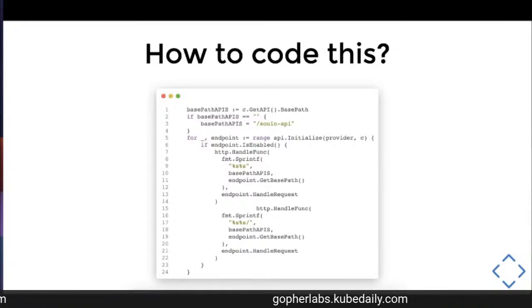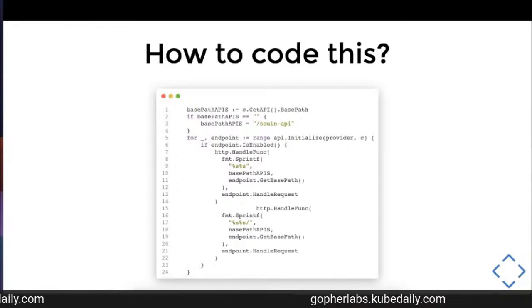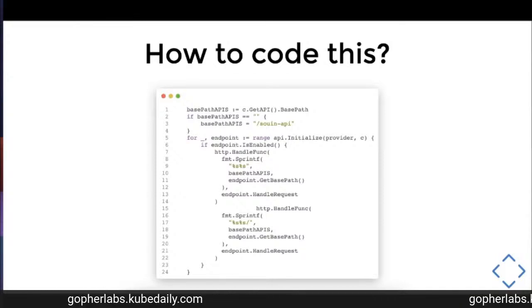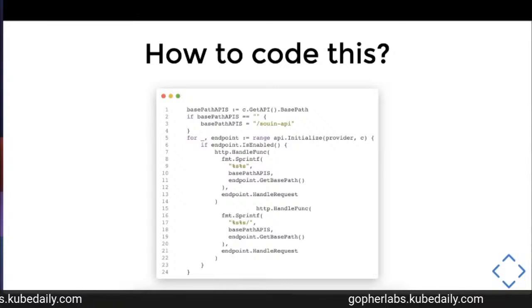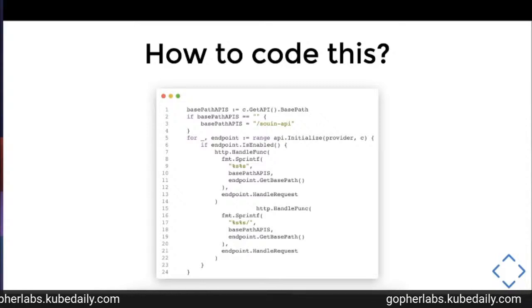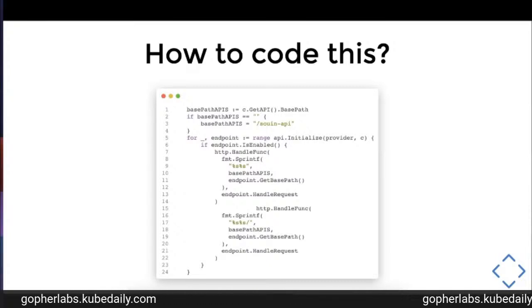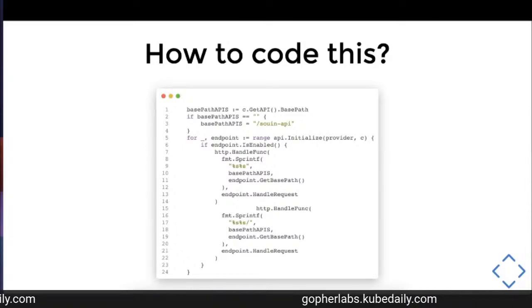If the base path is empty, it will take Swan API, and after that I make a loop over the enabled APIs, and for every endpoint I'm declaring an HTTP handler to handle the path with and without the trailing slash, and I'm executing the handle request method, which is an HTTP handler.